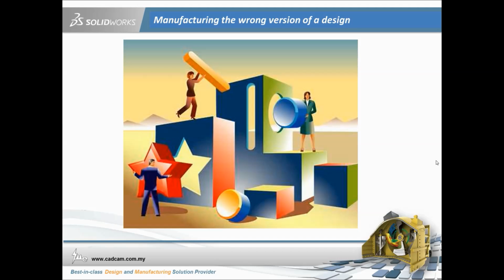Last but not least, talking about manufacturing, it normally is passive, waiting for any order from the R&D side or maybe the design departments. Manufacturing the wrong version of a design is a very serious case, because it will cause a lot of scrap, because you're no longer able to use it, because the customer will reject it, and you cannot undergo the QA assessments.